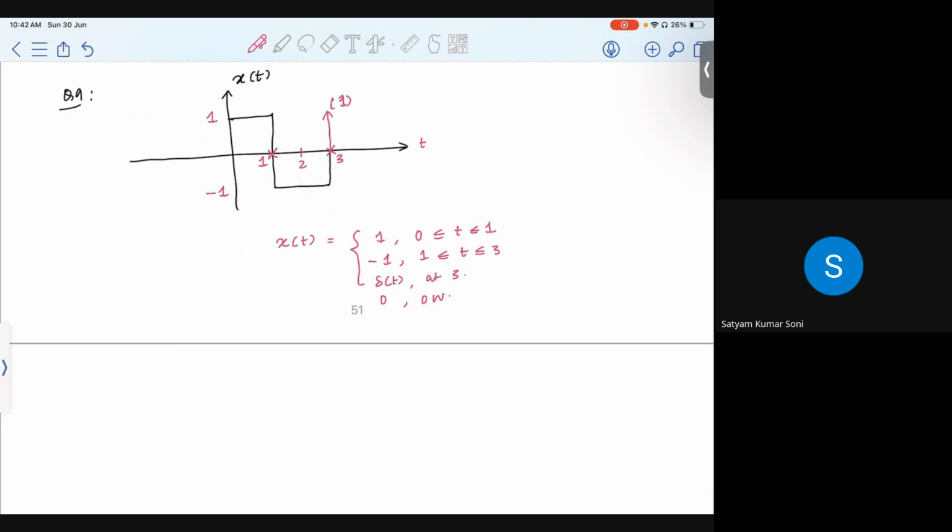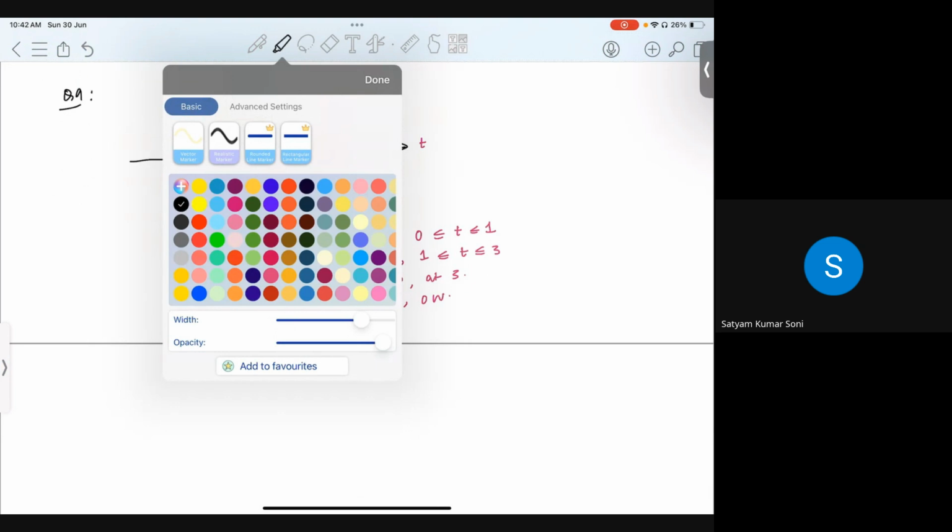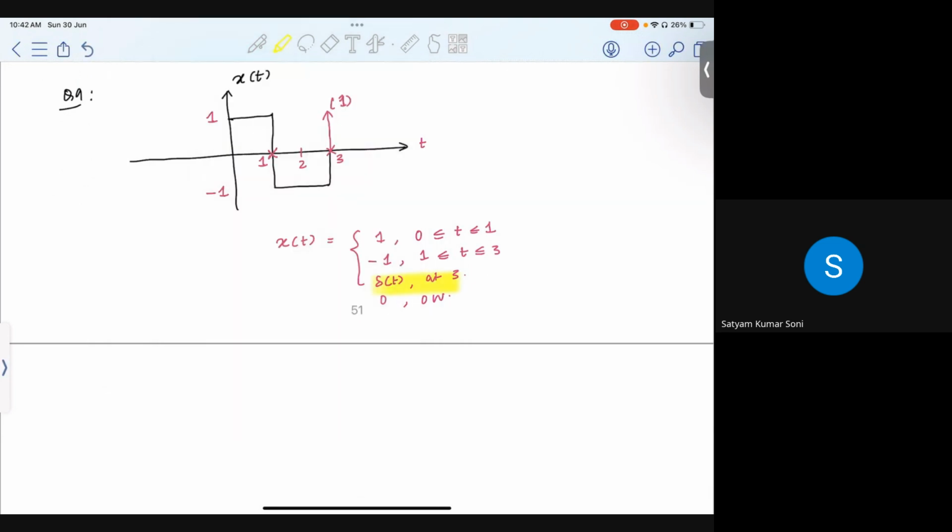The delta function that is defined at 3, you can always represent as delta of t minus 3. That is the shifted version of the original delta function. So this part is set, and I'll just ignore this part.